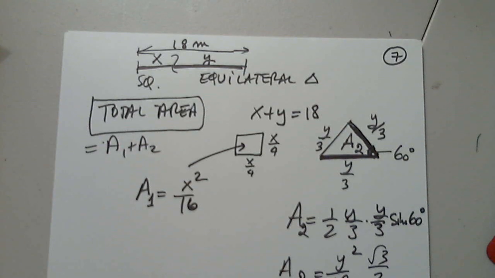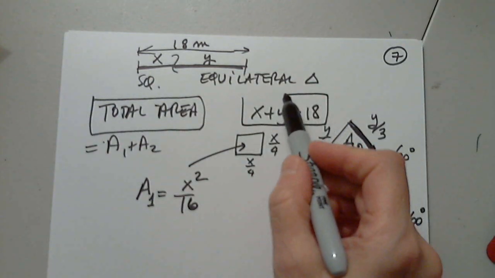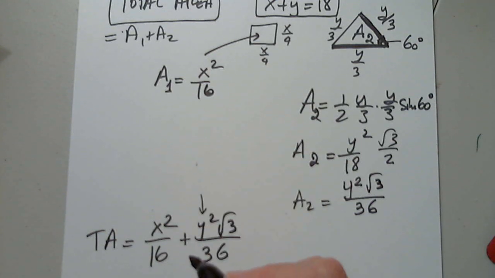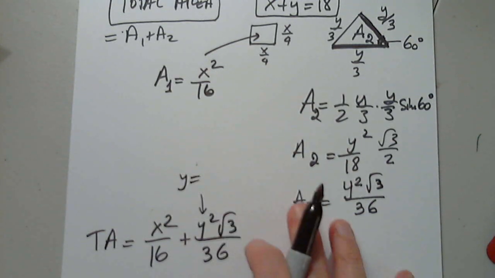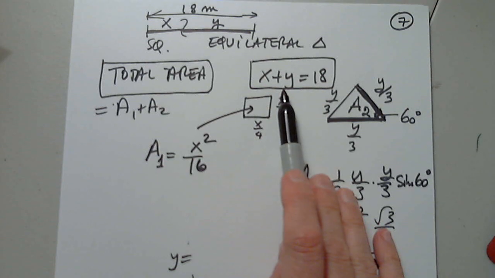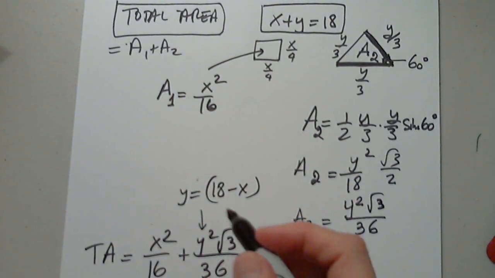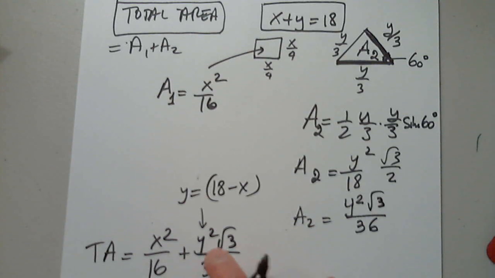I have an equation that will help me remove one of them. If we decide to remove y, then I will replace it by 18 minus x, and of course I'll have to square that in here.